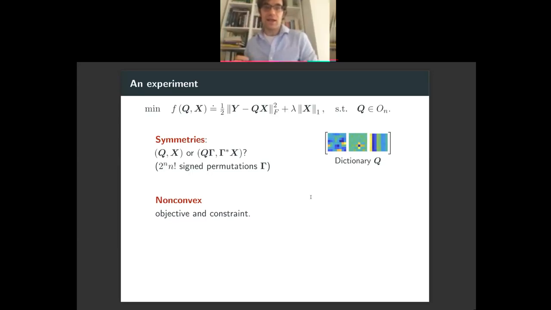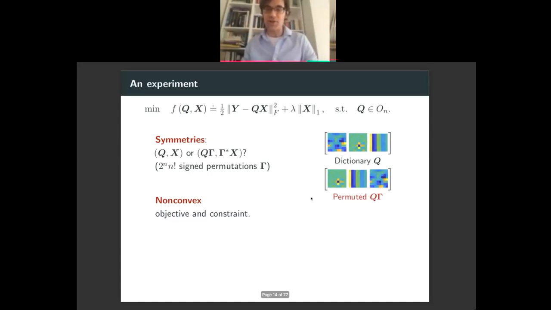If I think about my dictionary Q, its columns, as a collection of building blocks that I snap together to approximate the given image, the representation power of that dictionary doesn't change if I permute its columns. In particular, if I reorder the dictionary and make the same reordering to the coefficients, I get a representation that is just as accurate and just as sparse.